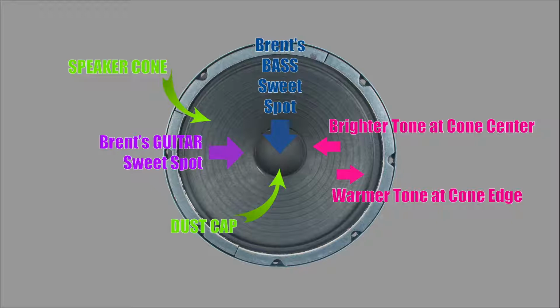And so I've shown you there in purple Brent's guitar sweet spot. That's where I place the one that is closest to the center, closest to the dust cap. Sometimes I actually aim it right where the dust cap meets the cone. That can be a really nice place too. And then I put the other one right next to it.